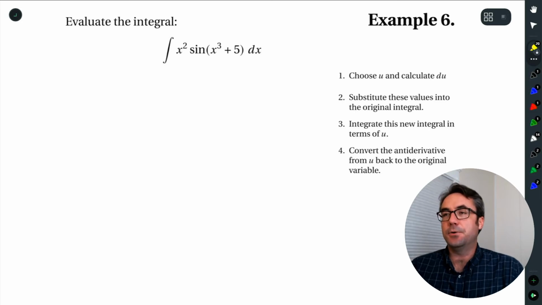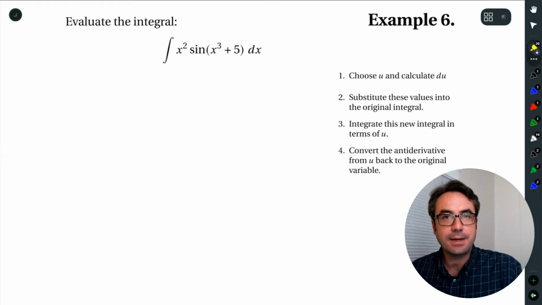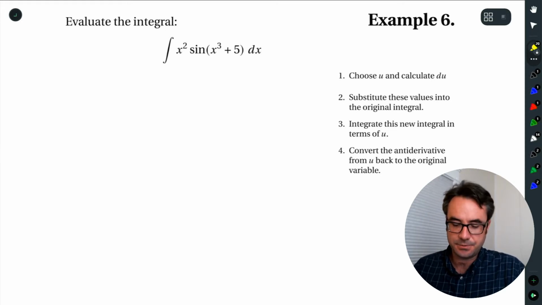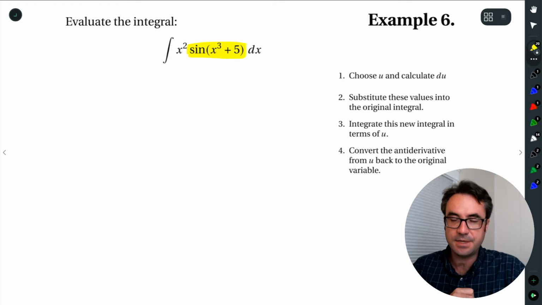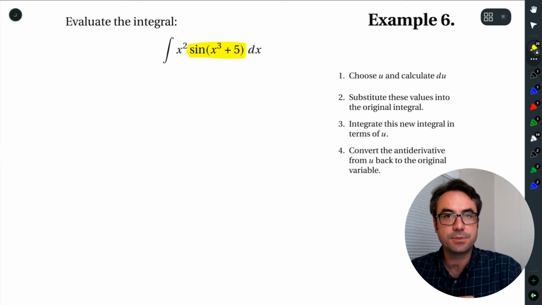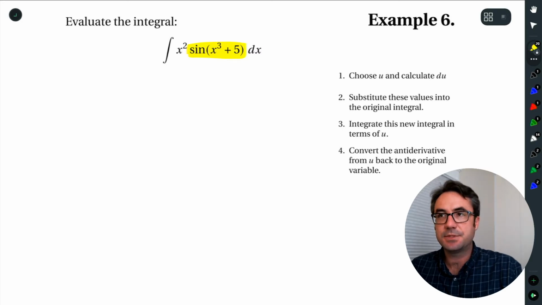All right, so we have this function, and we want to identify the more complicated piece of our function. So we have x squared, but then we have the sine of x cubed plus 5. I would say that's the more complicated piece. There's more going on there. You can see it's a composite function. There's a composition going on here.